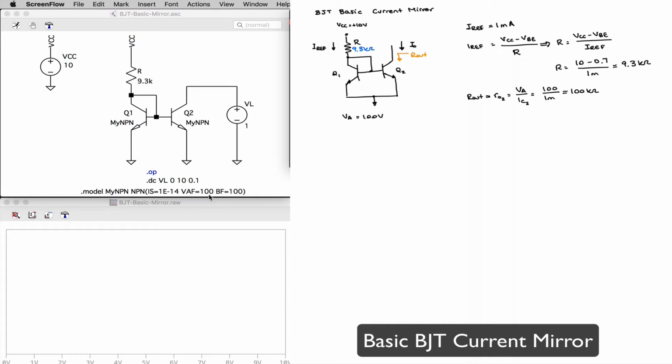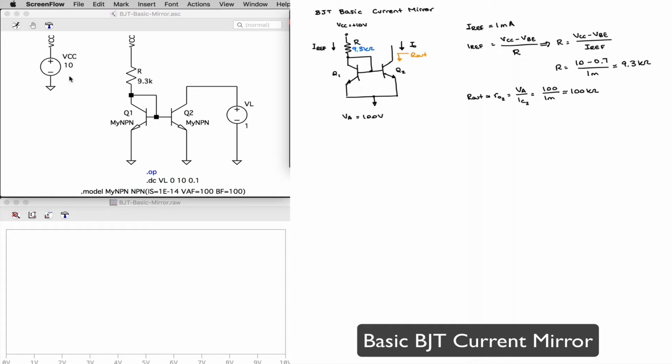I made a simple model. I've only modeled 3 parameters: the saturation current, which in this case is 10 times 10 to the minus 15 amps, the Early voltage is 100 volts, and beta of the transistor is 100, the current gain.